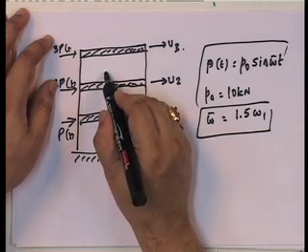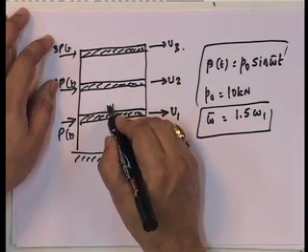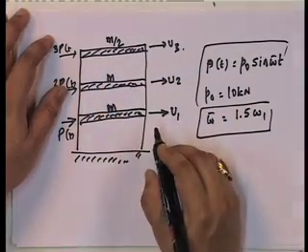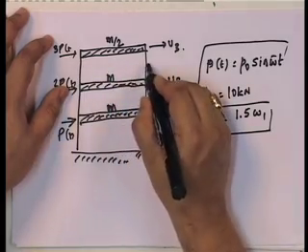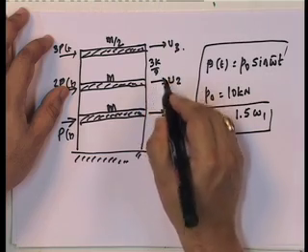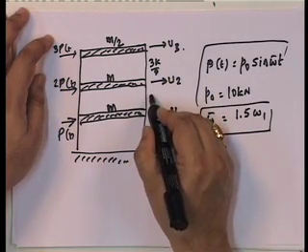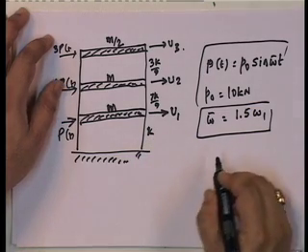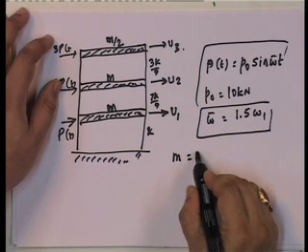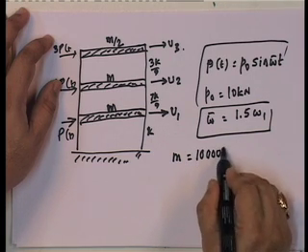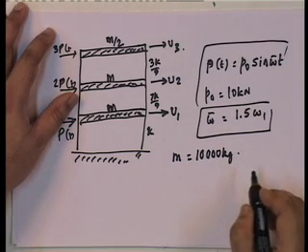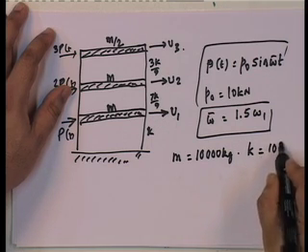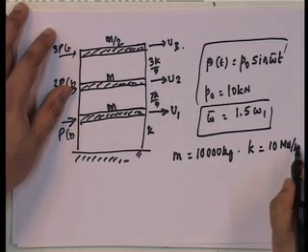This is mass M, and mass M by 2, and the lateral stiffness of this is given by 3K by 9, and this is 7K by 9, and this is K, where M is equal to 10 tons or 10,000 kgs, and K is equal to 10 meganewton per meter.